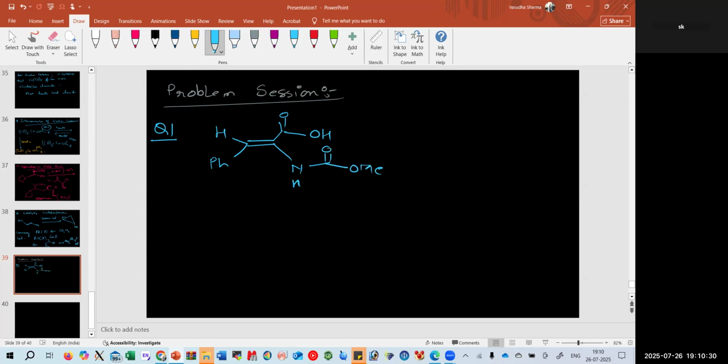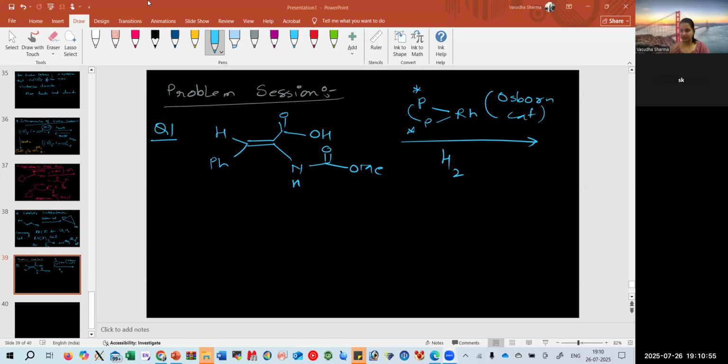So this is your substrate and it undergoes, this is your catalyst, a chiral catalyst, rhodium based, which is your Osborn catalyst, that is also been given, and in presence of hydrogen.